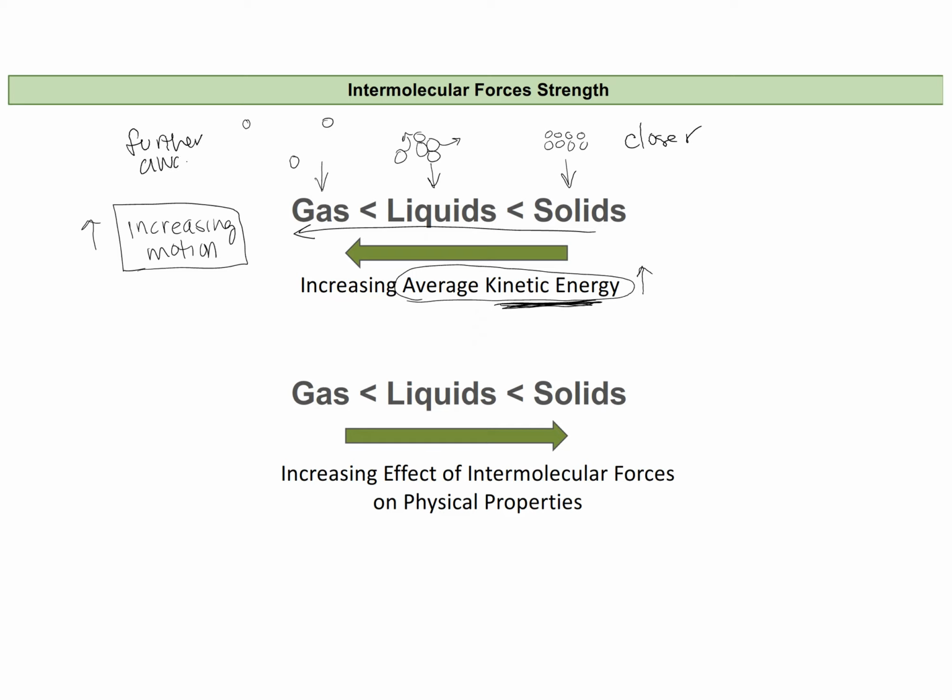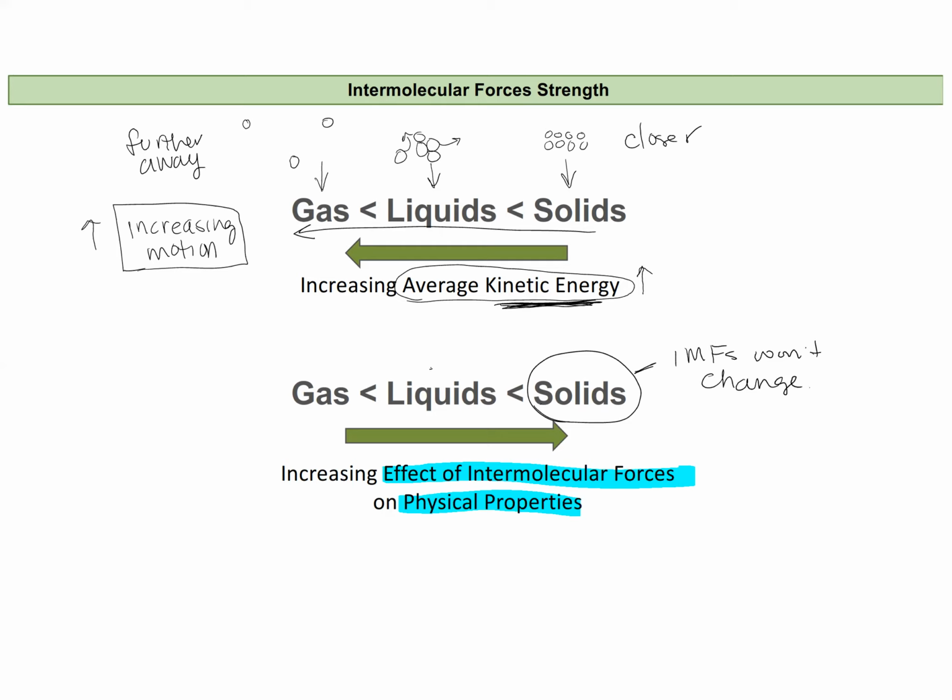And so if we want to think about intermolecular forces and how they apply in this situation, it means that the effect of intermolecular forces, so that effect of them on the physical properties that a sample demonstrates, is going to really affect our solids, right? Because these IMFs won't change at all.